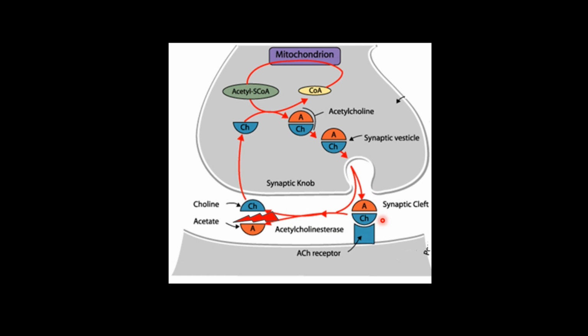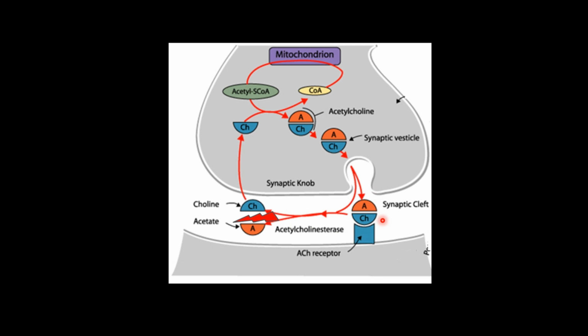And these indirectly acting drugs, or the acetylcholinesterase enzyme inhibitors, are again divided into two: the reversible inhibitors and the irreversible inhibitors. Reversible inhibitors might inhibit and might not be inhibited, and the irreversible ones permanently deactivate the acetylcholinesterase enzyme.